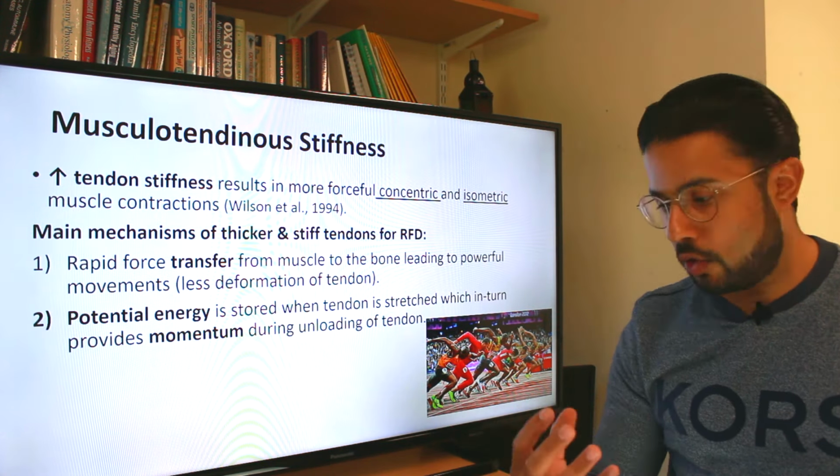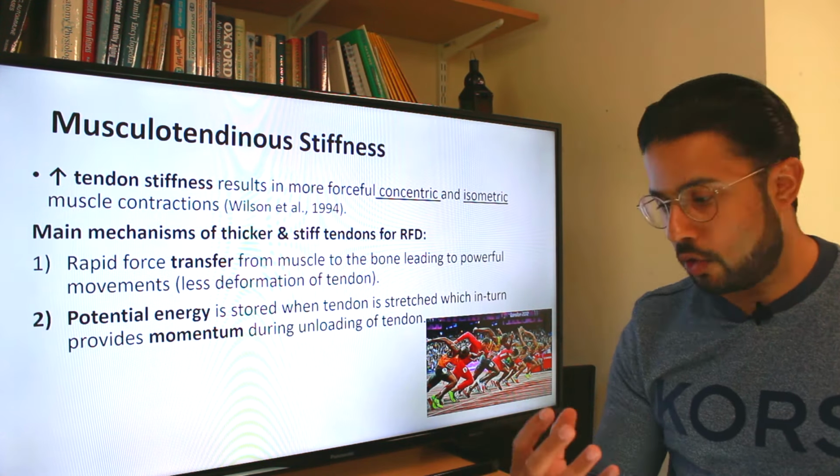And what I've got here is an elastic band just to highlight this process. So we've got a thin elastic band and a thick elastic band. Now this thin elastic band, if a little bit of force goes through this, it deforms quite easily. Okay, and if I pull it, stretch the tendon, and release it, there's a bit of potential energy there which is released when I unload it.